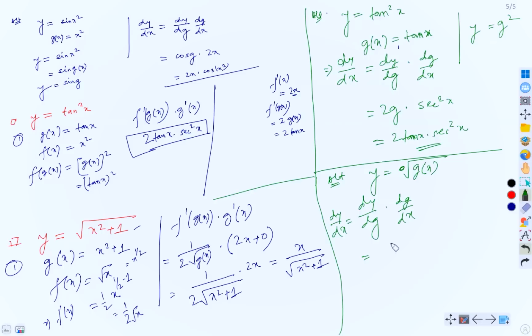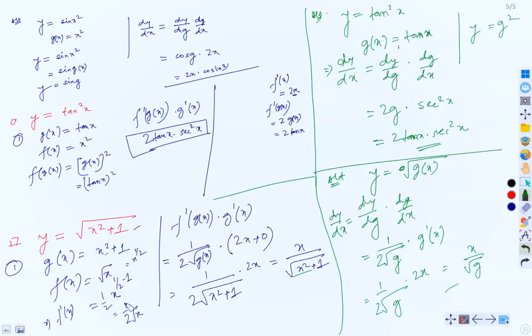Now dy/dg is, by the same method, 1 by 2 root g, times g'(x). What is our g'(x)? Our g'(x) is 2x. This gives x by root g. Now you substitute the value of g here and you will obtain the same thing.